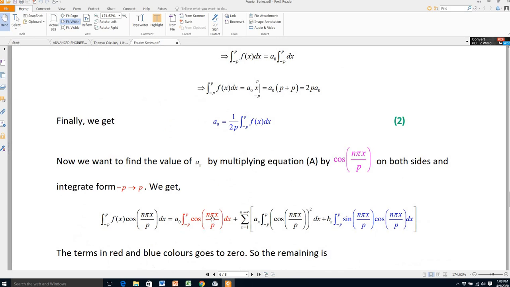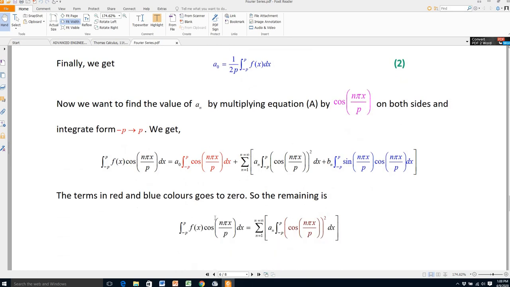Now I am defining that the integral of cos n pi x over p over this periodic interval becomes 0, and by using the basic properties, the third one, the product in this interval is equal to 0. So the remaining term is this one.